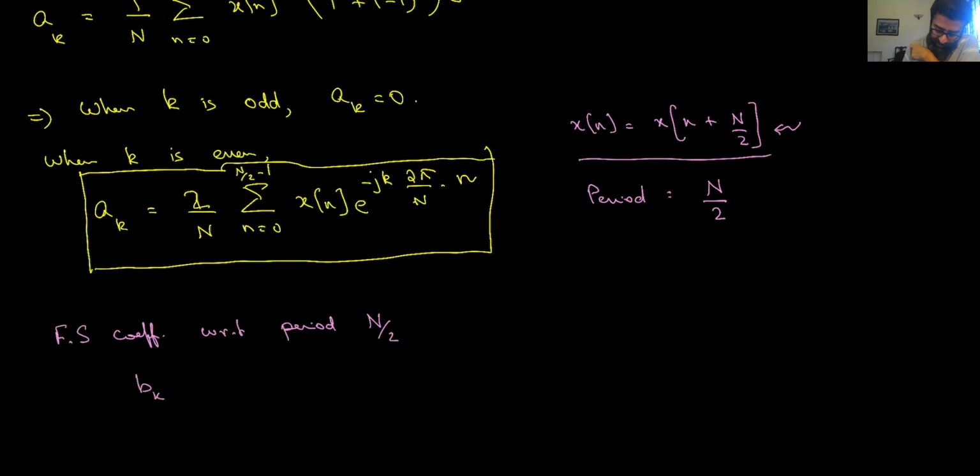I would use the analysis equation, and this would be 1 by n by 2, sum over n equals 0 to n by 2 minus 1, x of n e raised to the power minus j k 2 pi divided by n by 2 times n. So this is equation number 3, and this is equation number 1.